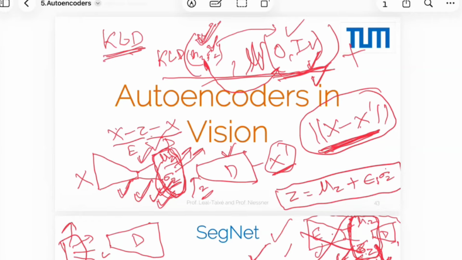So this was the initial idea of the Variational autoencoder, and that was the initial, we can say, generative model, because here you can generate a new image. But again, it has some issues also.